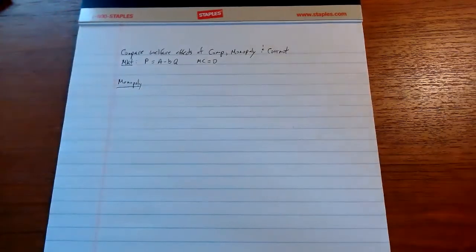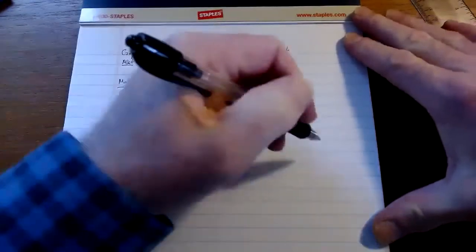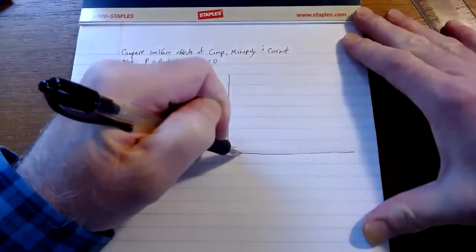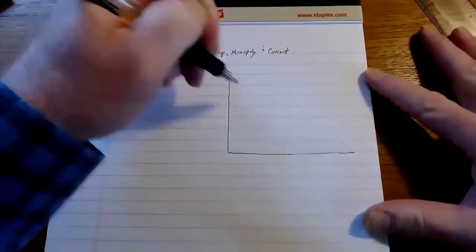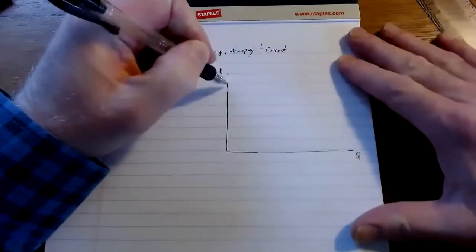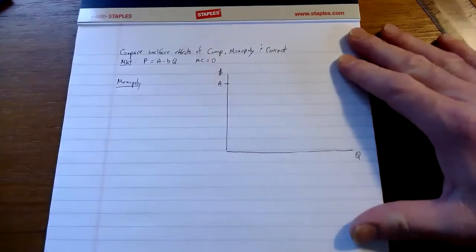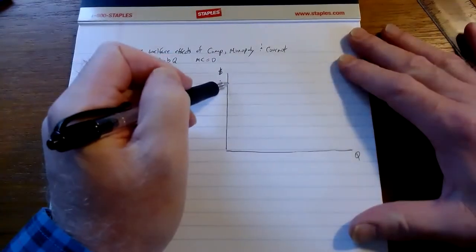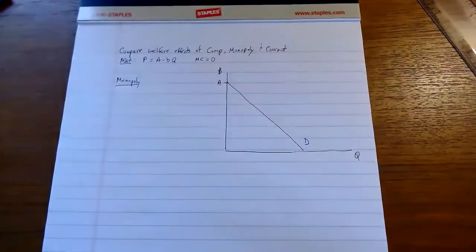One is monopoly. And what I want to do here is draw us a little picture that we can refer back to as we work through this. In this picture, I'm going to put the market demand. So it has an intercept of A and a slope of minus B. And that's the demand.